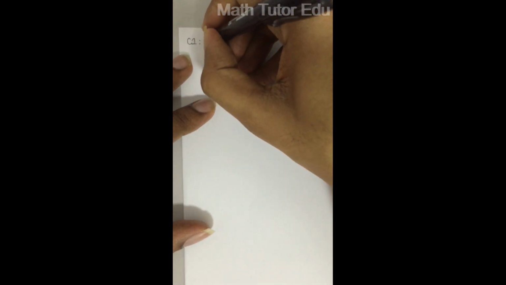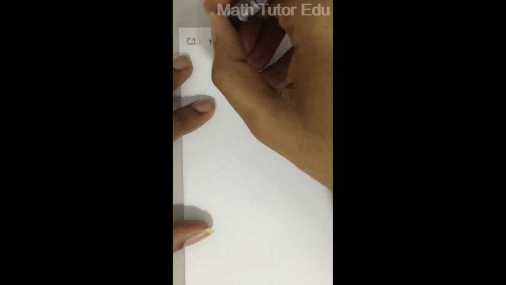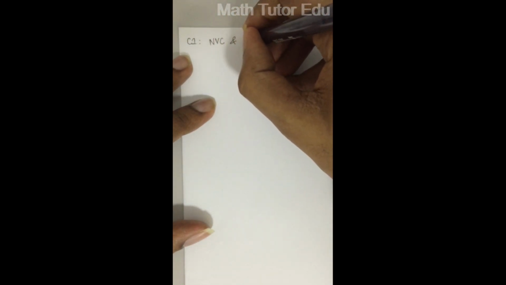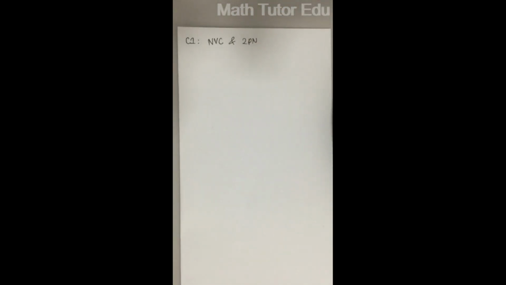Our case 1 will be: our first character, I'll write here NVC, a non-vowel capital letter, and 2 prime numbers side by side, because they say there must be at least 2 prime numbers placed adjacently.